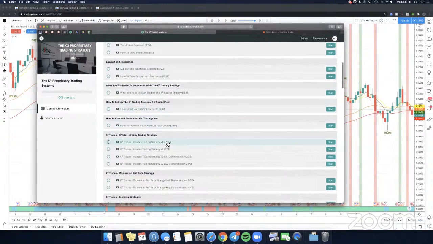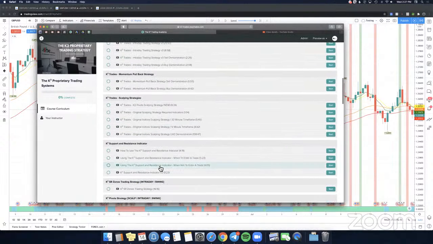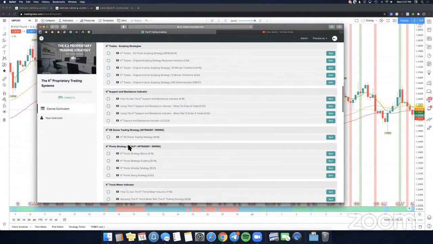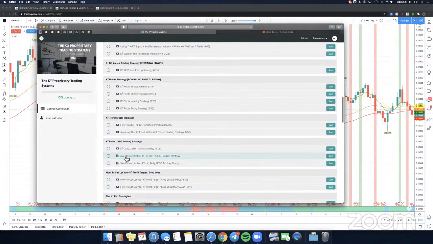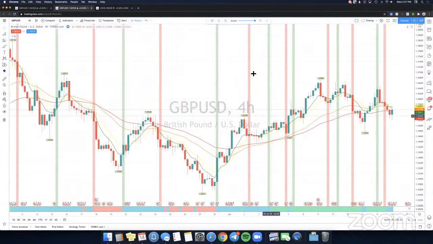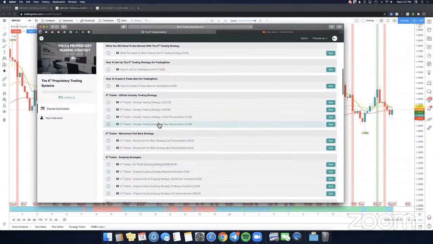There's the official intraday strategy, there's the momentum pullback strategy, there's the scalping strategies, there's the K2SR strategy, there's a pivot strategy, there's the US 30 strategy. There's so many things to choose from, it's really up to you to figure out what you like to do, because this strategy might not fit for you. And if it doesn't fit for you, it's perfectly fine, because there's a ton of other ones that you can choose from here.